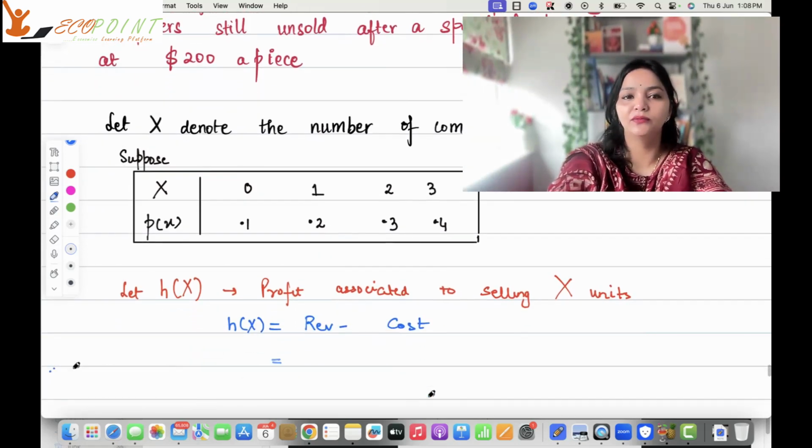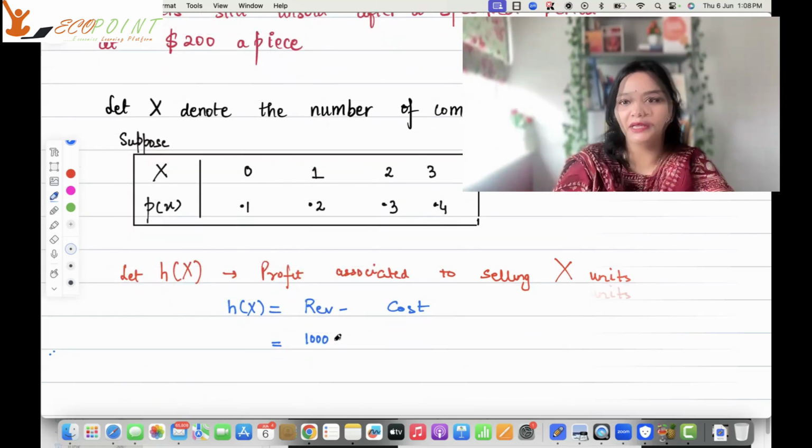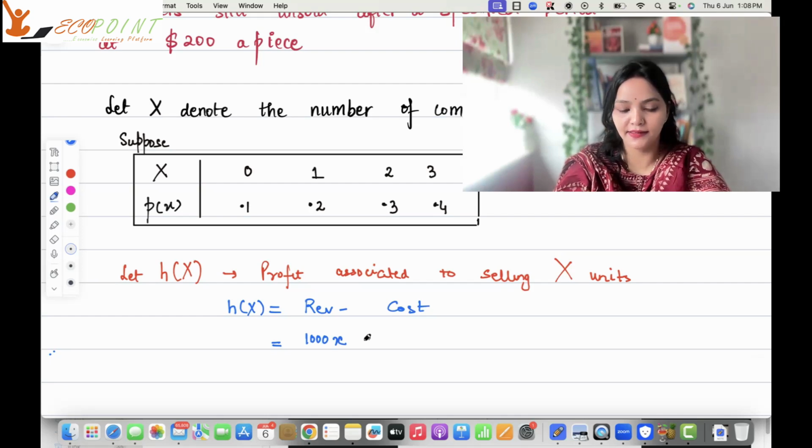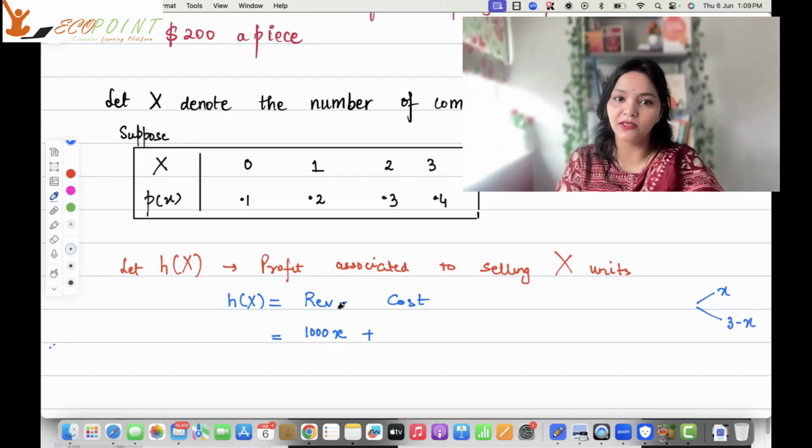What is the revenue? If he is selling X number of computers, he is fetching 1,000 from each, so 1,000 times X, plus, since there are in total 3 computers, he is left with 3 minus X unsold. Unsold pieces go at $200. So he's fetching 200 from each unsold.